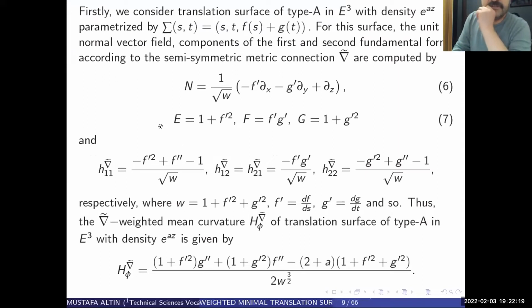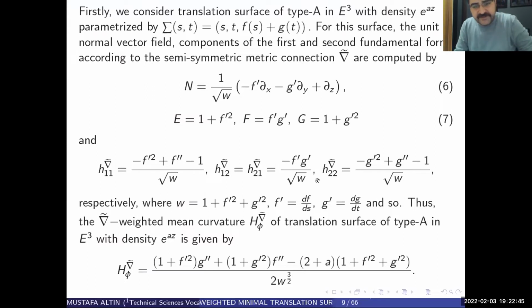Firstly, we consider the translation surface of type A in Euclidean three-space with density e^{az}, parameterized by this surface. For this surface, the unit normal vector fields, first fundamental forms, and second fundamental forms are given here.